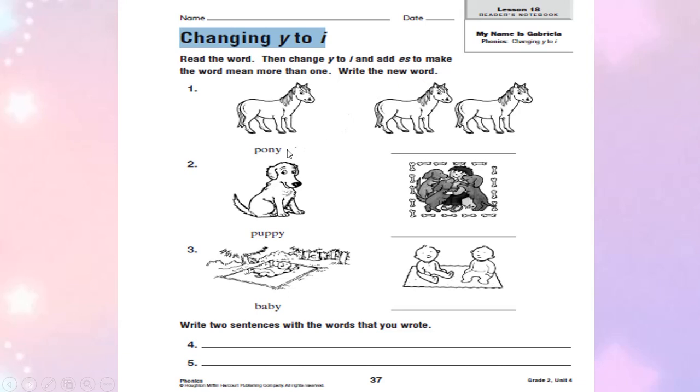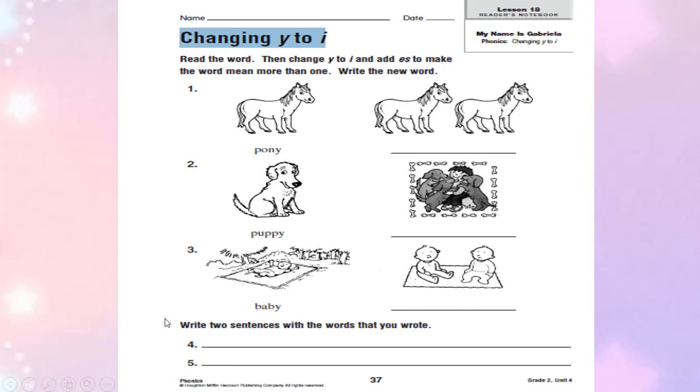So I want you now to write the plural of pony, and please apply the rule on it carefully. Number 2, change the singular noun puppy to a plural noun. 3, change the singular noun baby to a plural noun.